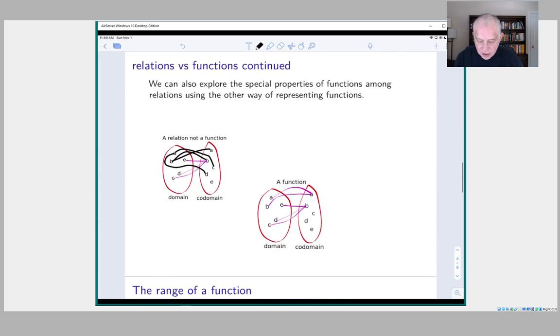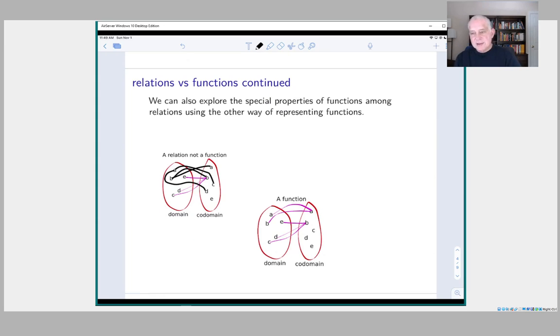Now, we can draw functions in other ways as well, just like we can draw relations in other ways, by using, for instance, arrows connecting their domain to their codomain. So let's look down here at this little picture first. Here we have a function. The arrows go from the domain to the codomain, and you see that each arrow that starts on the left only hits one point on the right.